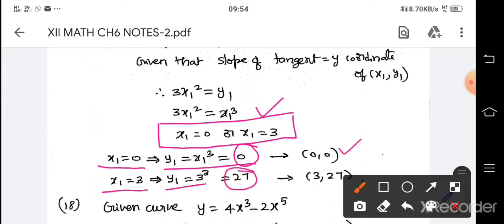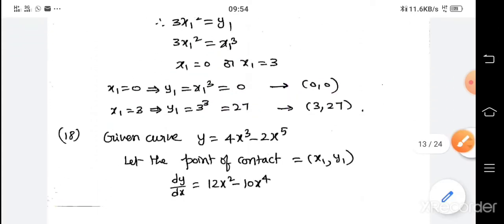So the answers are (0, 0) and (3, 27). At those 2 points, the slope of the tangent is equal to the y coordinate of the given point of contact. But you see, (0, 0) might not be taken. (3, 27) is the required answer. Okay, next.